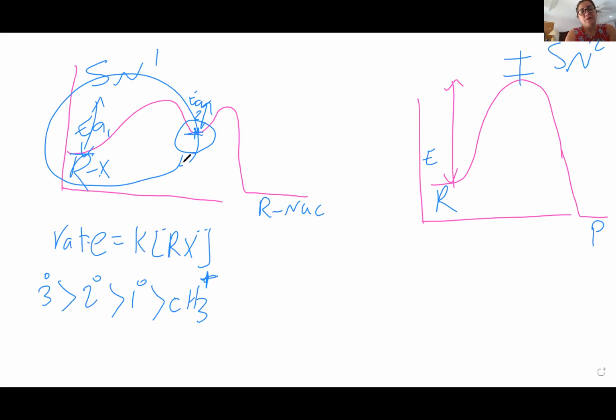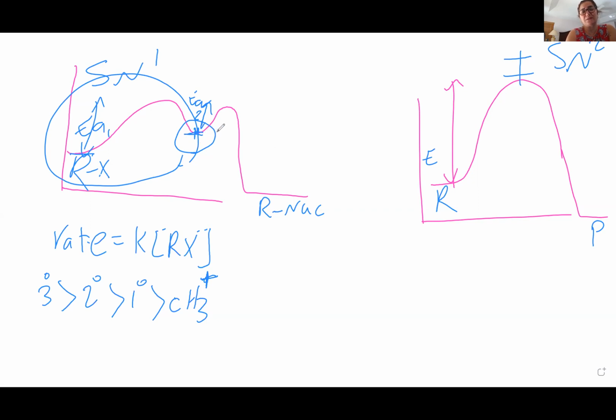The other effect that you have here is the nature of your nucleophile. The nucleophile in SN1 reaction does not have to be a very strong nucleophile, because the nucleophile comes in on the second step of the reaction.